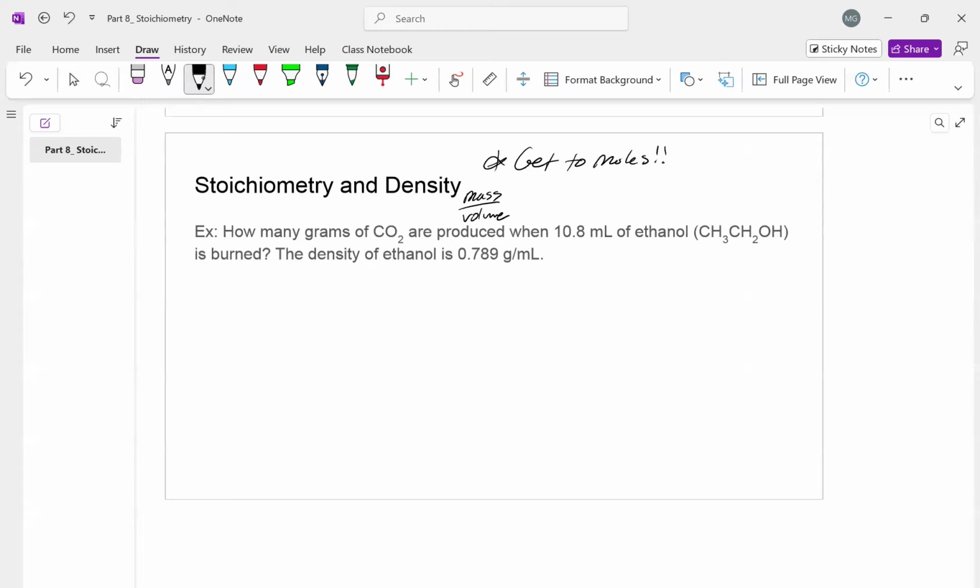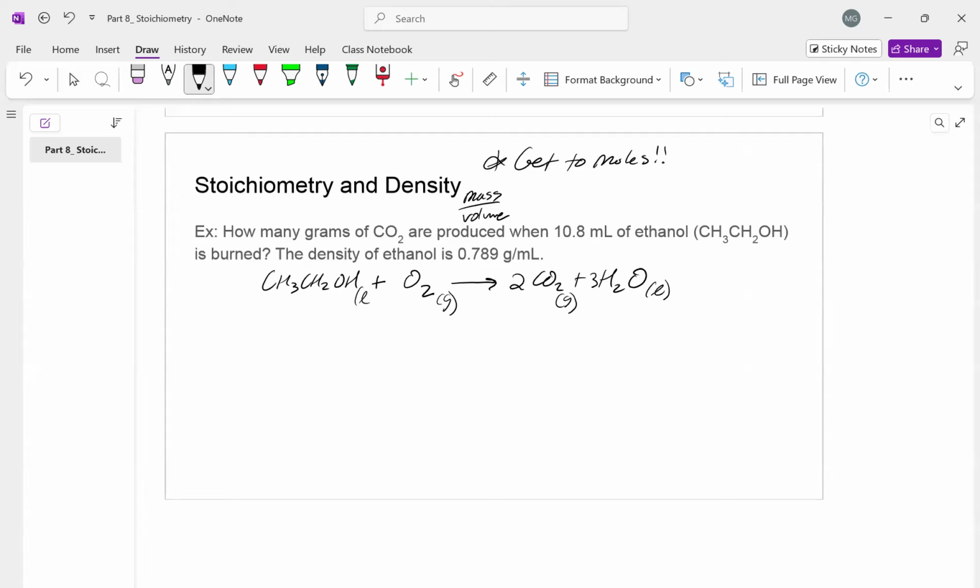In this reaction, we're going to take ethanol and burn it in the presence of oxygen to make carbon dioxide and water. I want to emphasize the difference between this problem and one we used earlier when we talked about molarity.